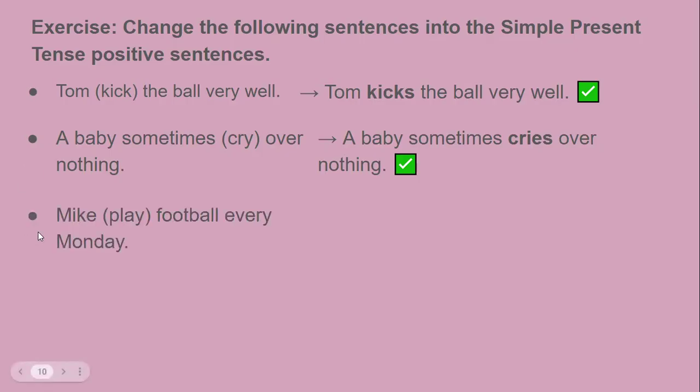The next sentence. Mike play football every Monday. Play, as you've seen in one of our examples when we looked at the rules, belongs to rule 3 because it doesn't fit the properties of the verbs in rule 1 and rule 2.